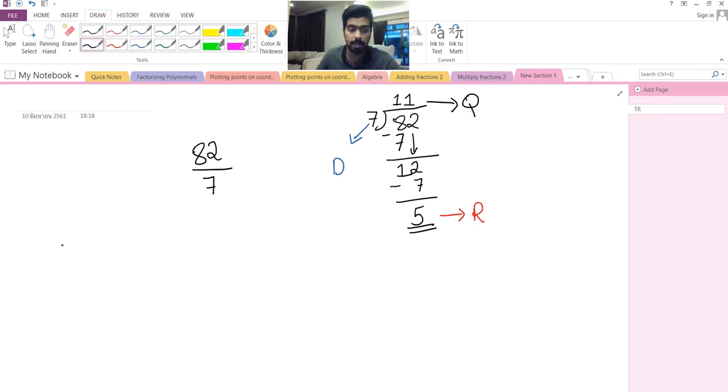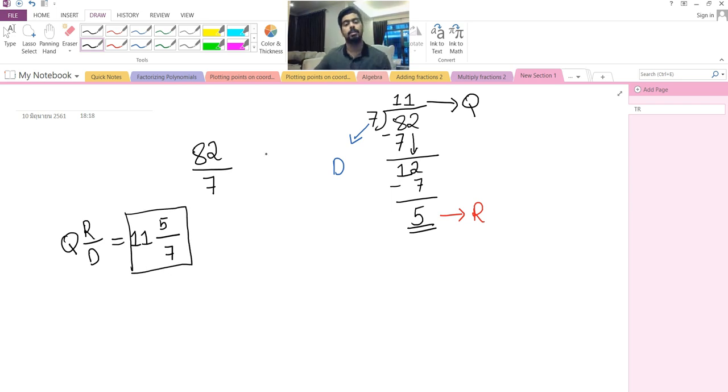Remember, the formula is Q R by D. Our Q is 11. Our R is 5. And our D is 7. So we have converted an improper fraction to a mixed number.